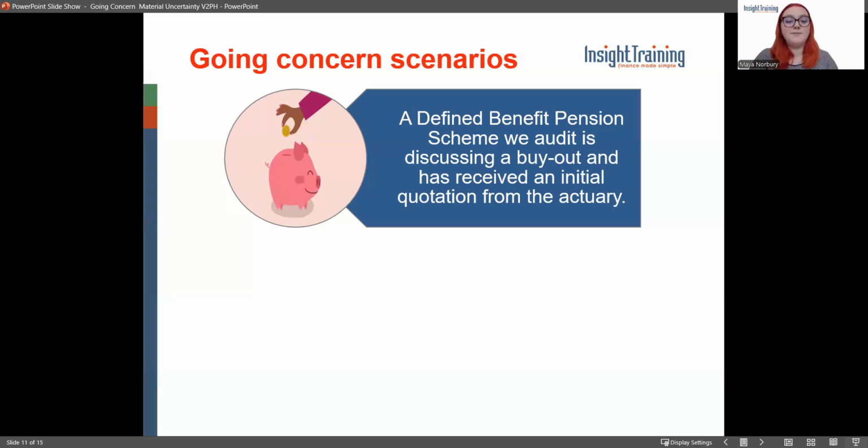If, however, the buyout decision was signed at the date of the audit report signing, then you would end up in an instance where it may not be a going concern anymore, or you have a material uncertainty paragraph, depending on how long it's expected to take in terms of the buyout happening.